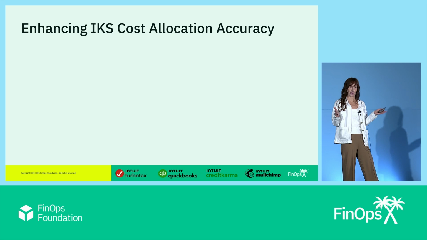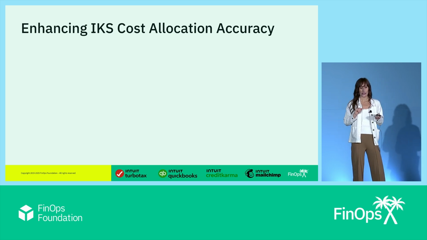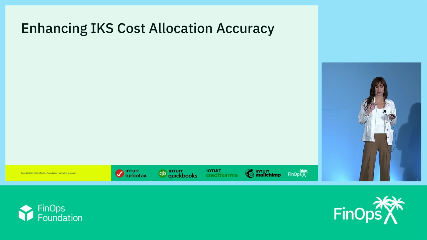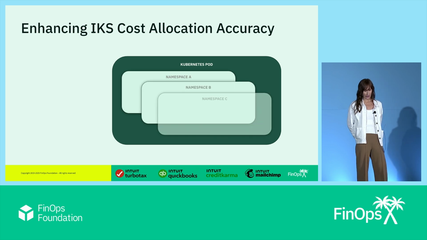Okay, so now you know why IKS is pretty awesome, and you know that it's our go-to compute option. Getting the costs accurately allocated would be pretty important, right? And so let's first talk about the fundamental challenge that Kubernetes presents us FinOps folks with.